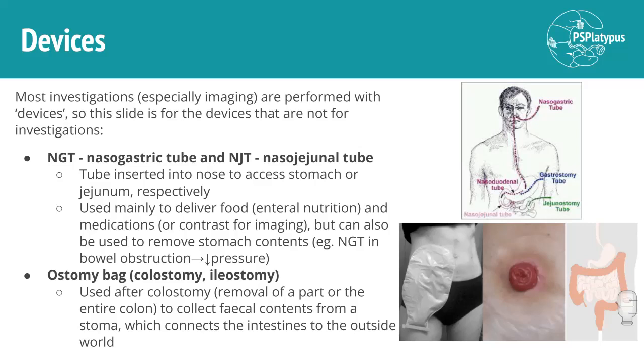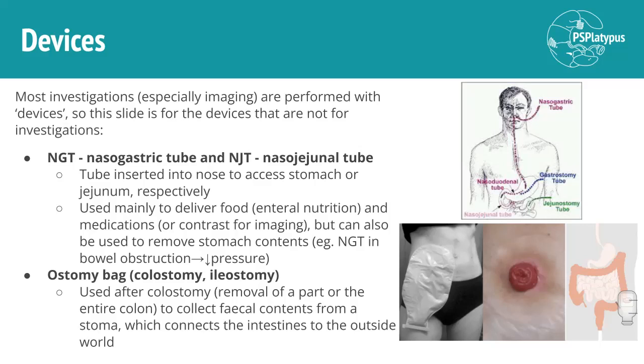All right, and then we have ostomy bags. So you use them after a colostomy, which is when you surgically remove a part or the entire colon, for instance, because there's cancer there or some other damage. And so you've removed that, and so that means that you don't have the tube going all the way to the rectum and anus to actually normally defecate. So you need to collect the fecal contents another way.